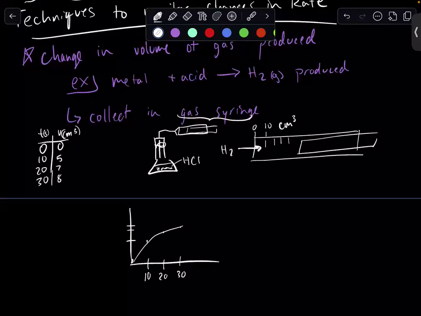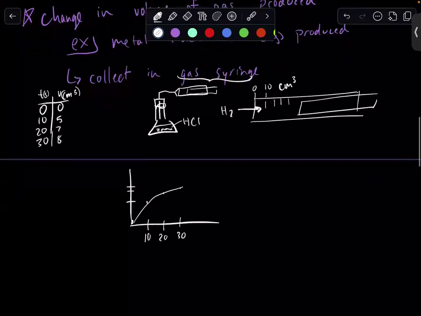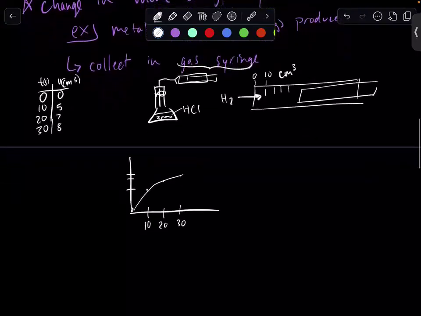And so you can use the volume of gas produced in any reaction that produces a gas, collecting with a gas syringe. And this is one of the most common ways that I've seen in labs, I've used in labs, and I've seen appear on the DP exam as a way to actually monitor the progressive rate of a reaction, as well as get quantitative data, so numerical data that gives you an identifier of rate.